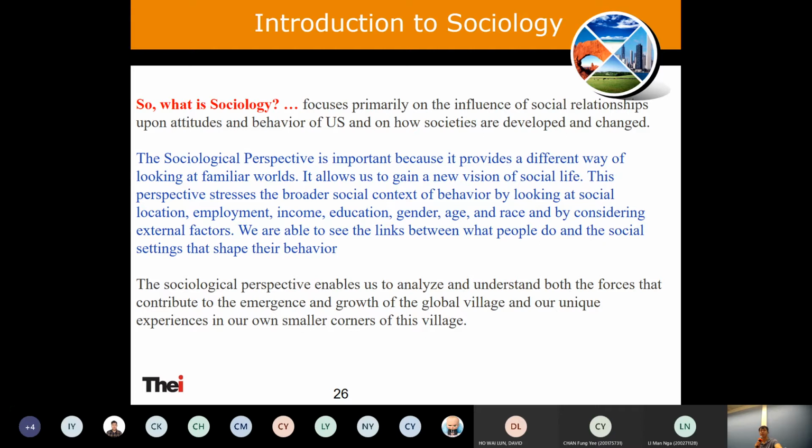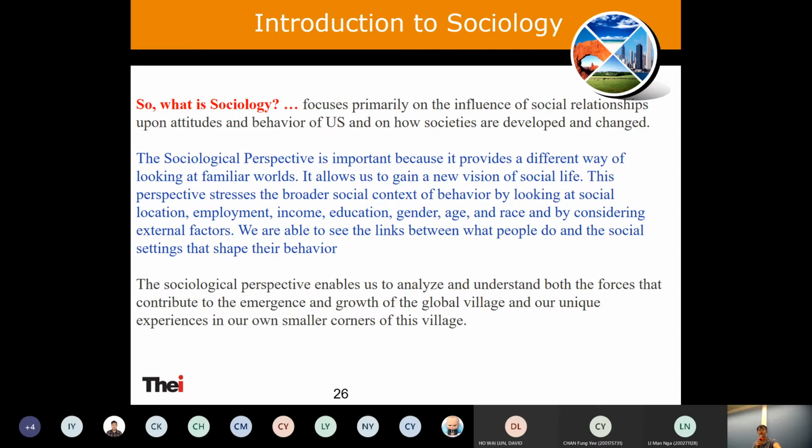It allows you and me to have a new vision of social life. This perspective addresses the broader social context of behavior by looking at social location, employment, education, gender, race, and the like. We are able to see the link between what people do and the social settings that shape their behavior.